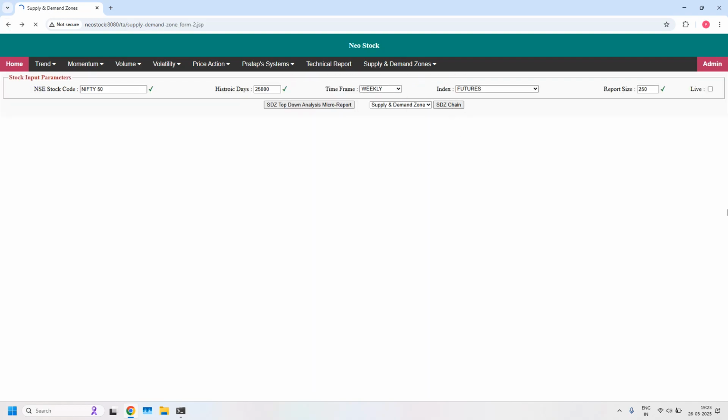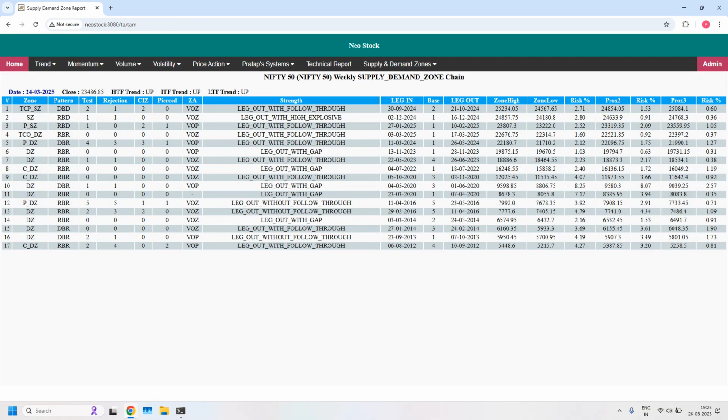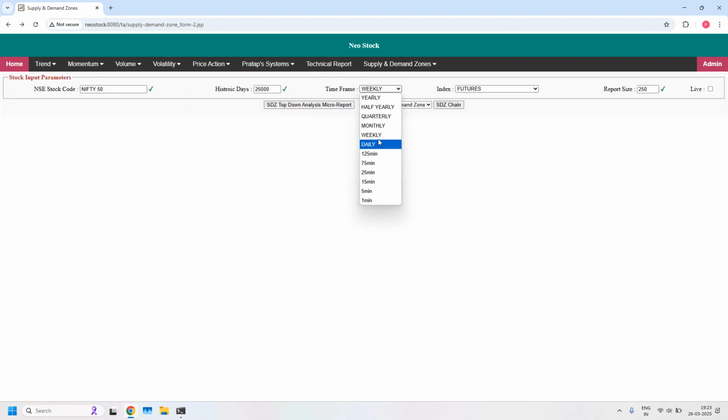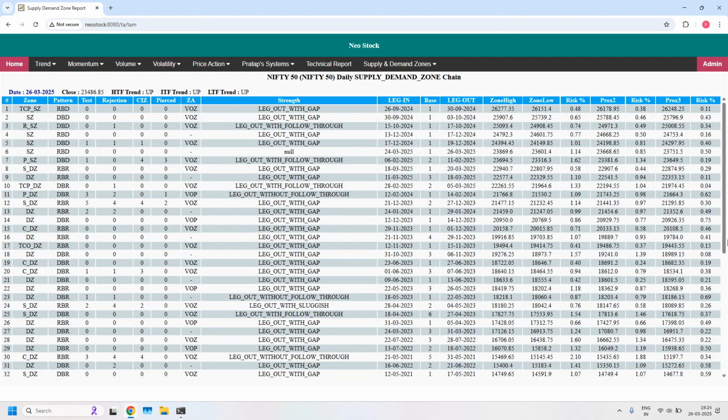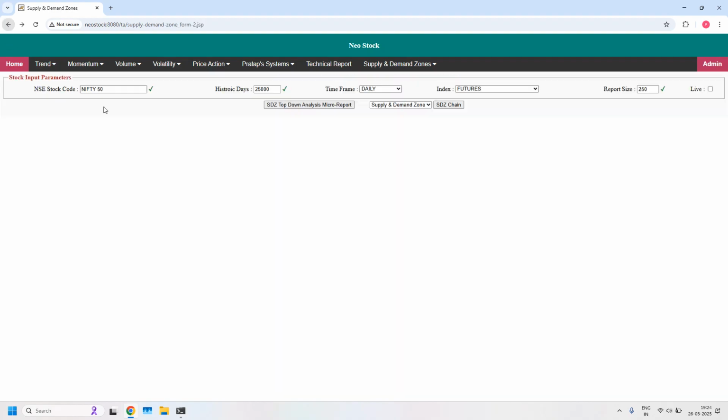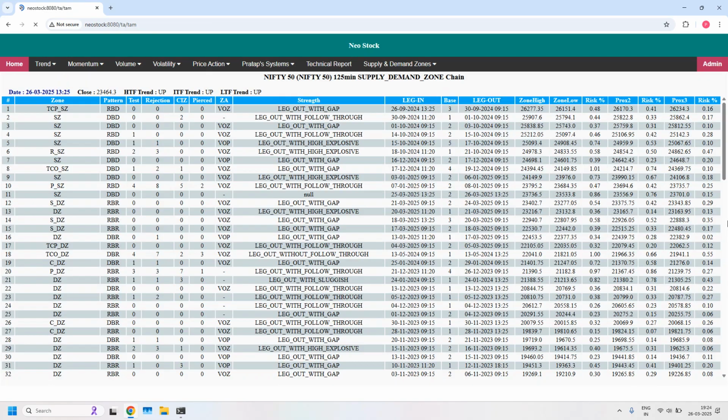generating weekly supply demand zone chain for Nifty. Next, generating daily supply demand zone chain for Nifty. Next, generating 125 minutes supply demand zone chain for Nifty.